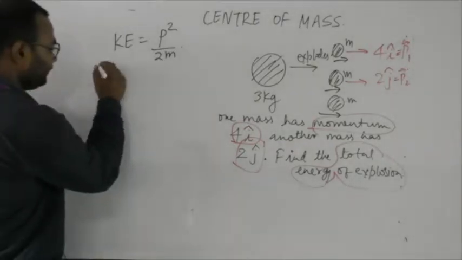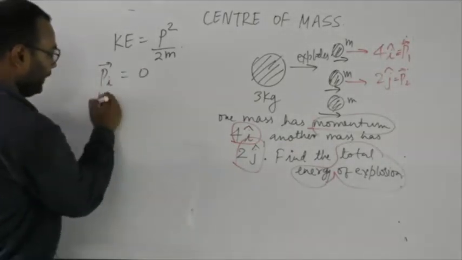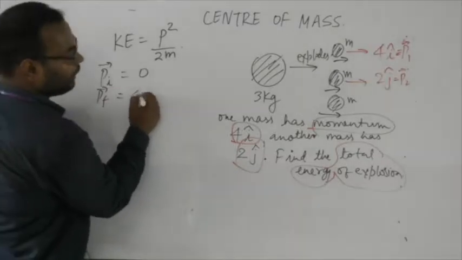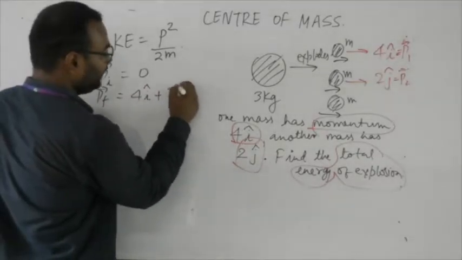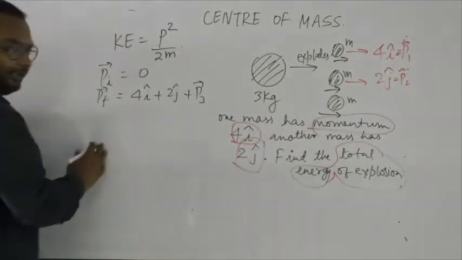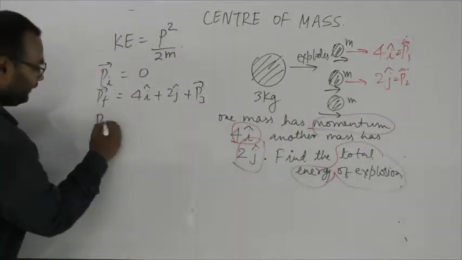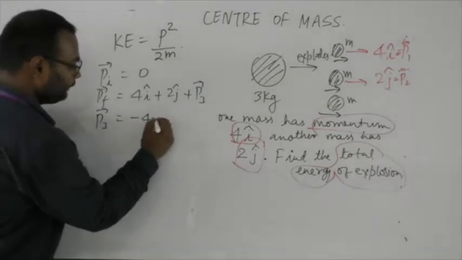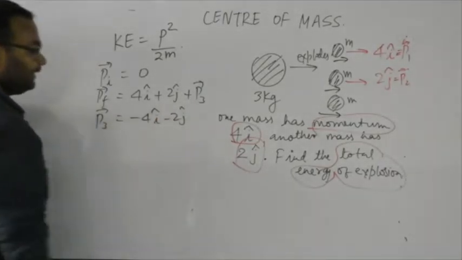P initial is 0, P final is 4i plus 2j plus P3. For the third particle we don't know the momentum, so P3 will be minus 4i minus 2j.